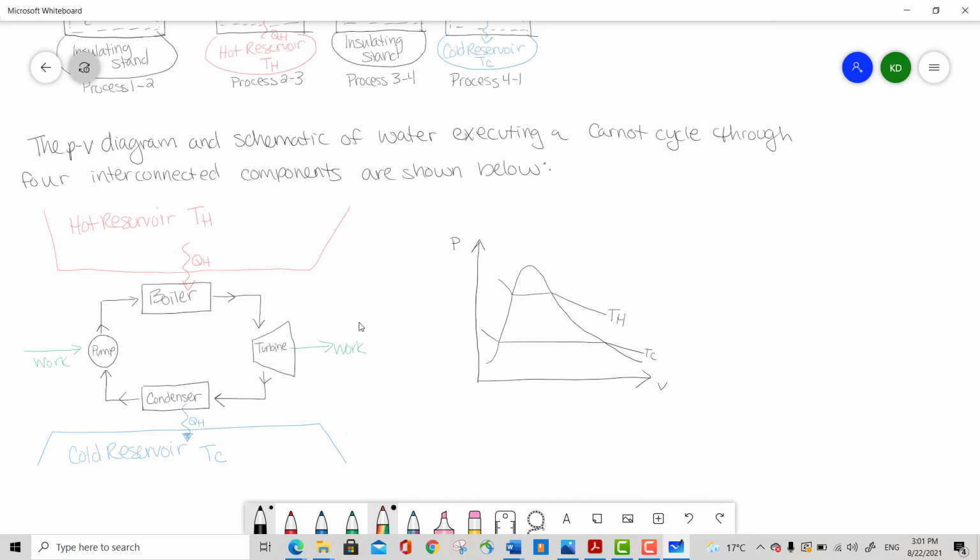So the PV diagram and the schematic shown here is of water executing a Carnot cycle through 4 interconnected components shown below.